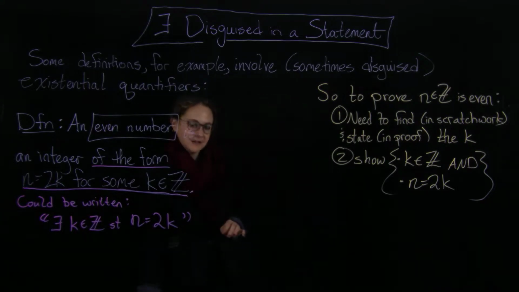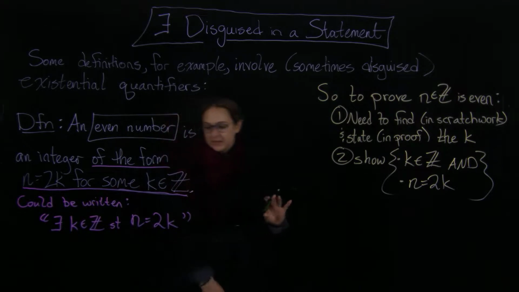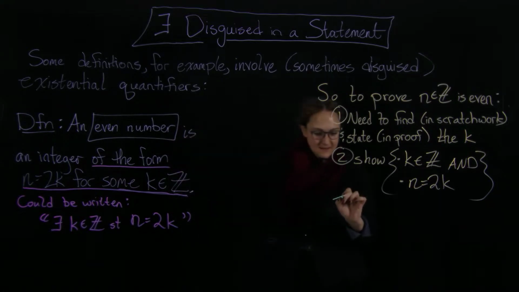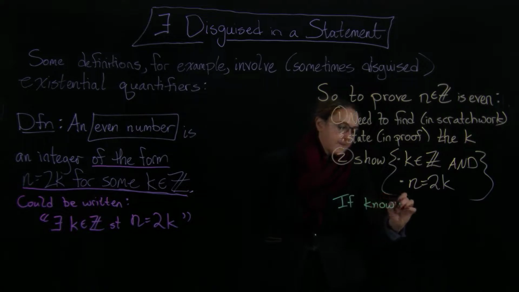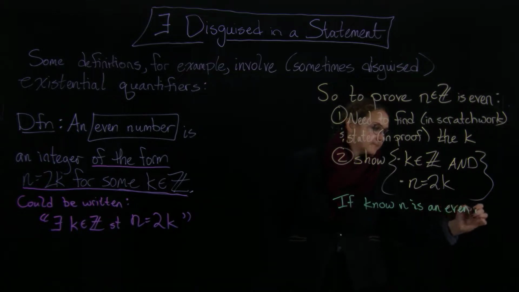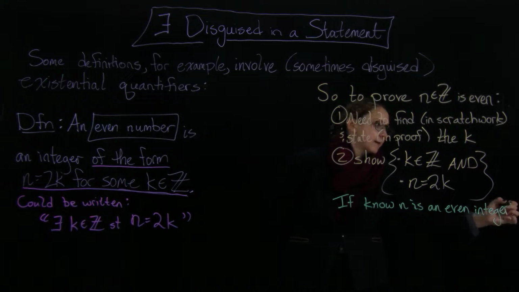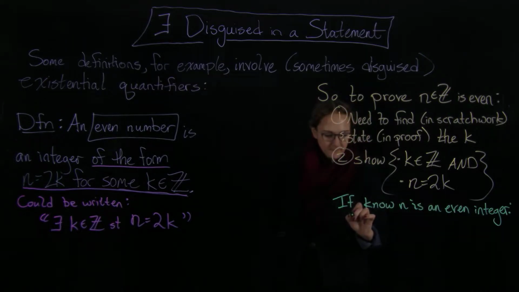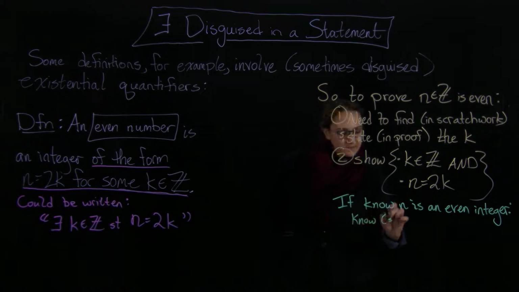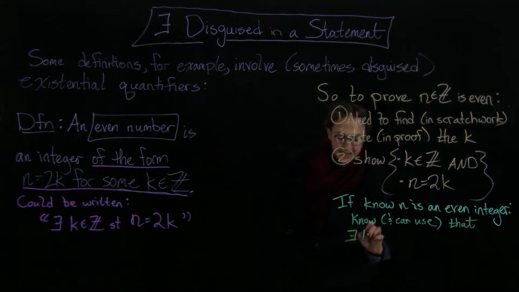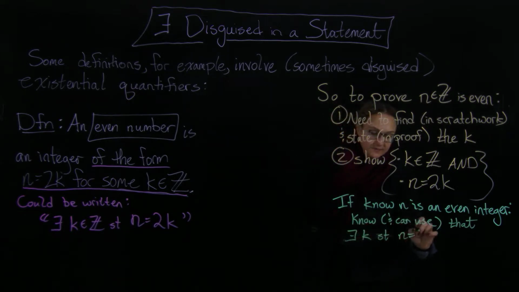I didn't yet write this, but maybe we should include that if you know that n is an even integer, then this actually gives you something you can use: that there exists a k such that n equals 2k.